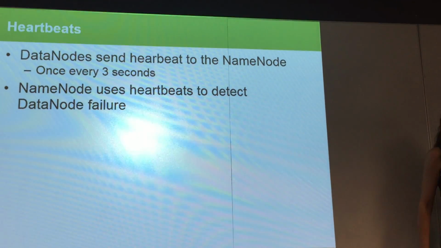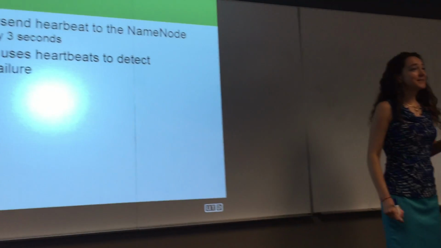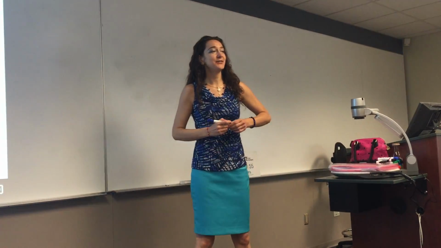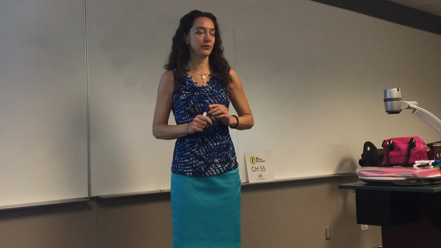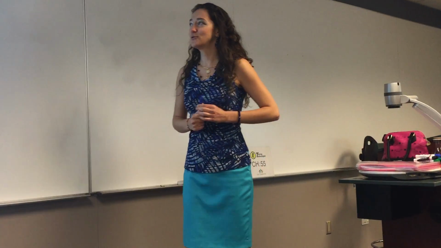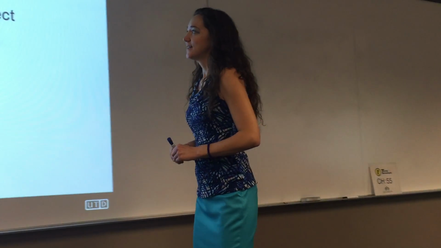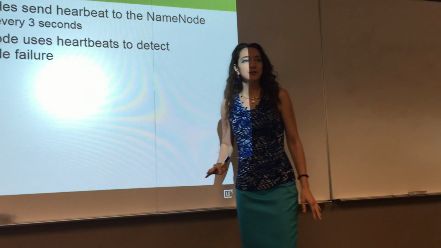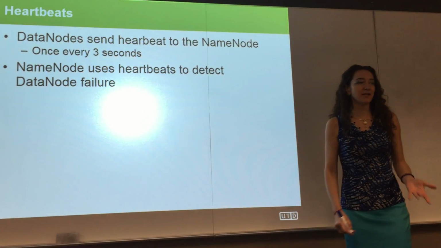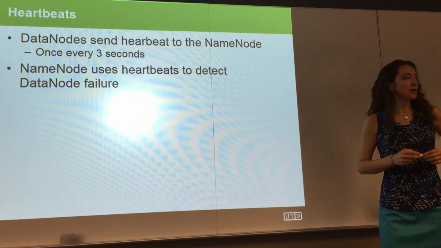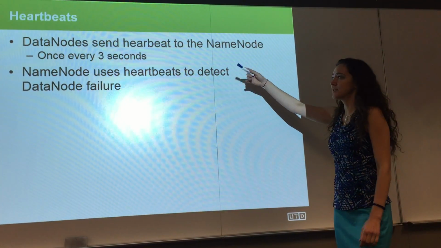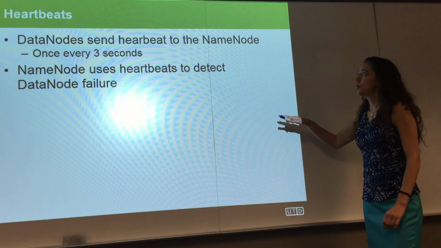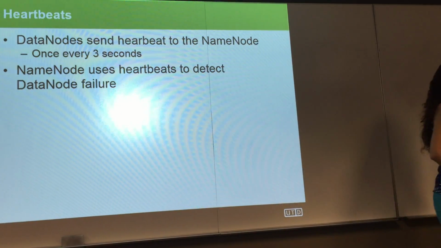So we need to have a way of telling if these data nodes are alive or not. So periodically we make them report to the name or master node if they're alive or not. And we want to do this once every 3 seconds, just to make sure that all the data nodes are alive, and if not, to give us some time to obtain the block copies from another node. So that's called a heartbeat. So every 3 seconds, data nodes will send some signal to the name node to tell it that they're alive.